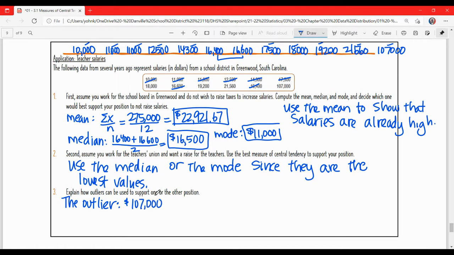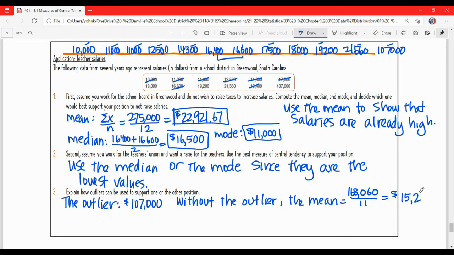So if you calculate the mean without the outlier, I add up everything without the outlier and get 168,060 divided by 11. Look, our mean now is $15,278.18.